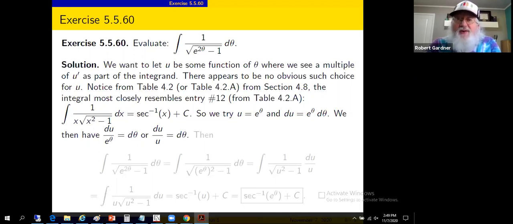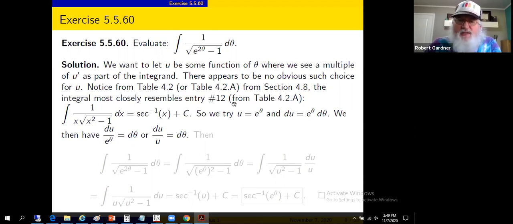All I know how to integrate is stuff in table 4.2 from section 4.8 on antiderivatives. So does this look like any of those? Well, the closest one I can find that matches it is this one. Table 4.2.a.